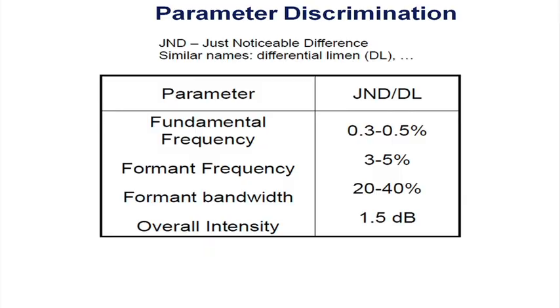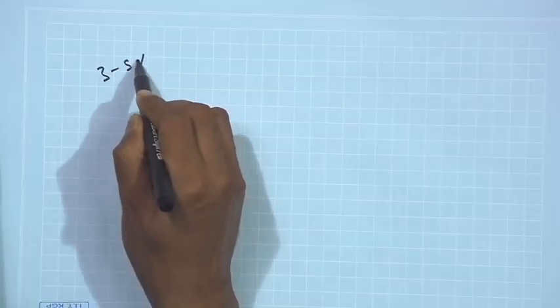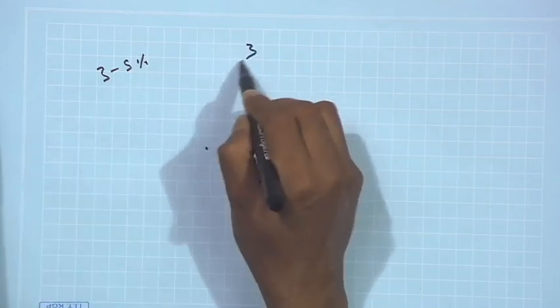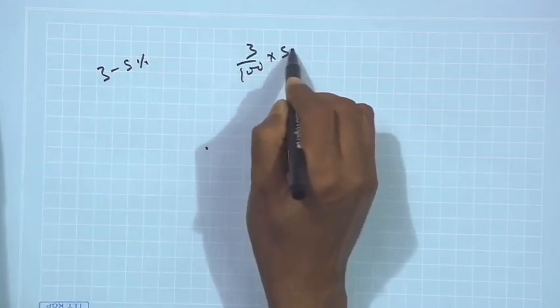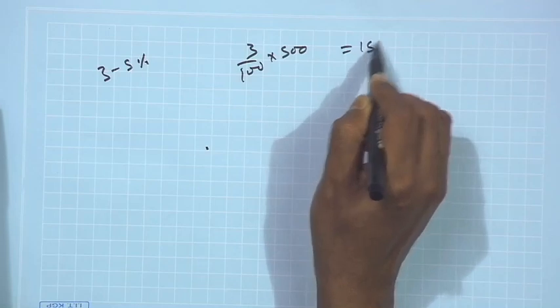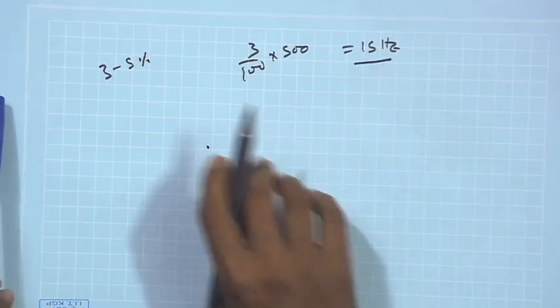Fundamental, then the formant frequency. Formant frequency is nothing but the formant position in the speech. The first formant is around 500 hertz. The error tolerance is 3 to 5%. So if it is 500 hertz, then 3 divided by 100 into 500, almost 15 hertz error in formant, human beings cannot differentiate.